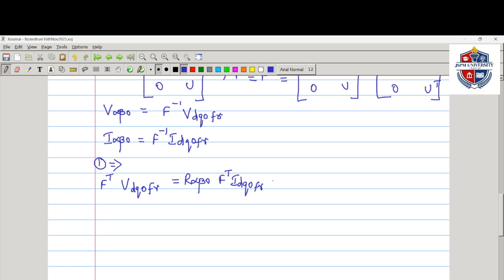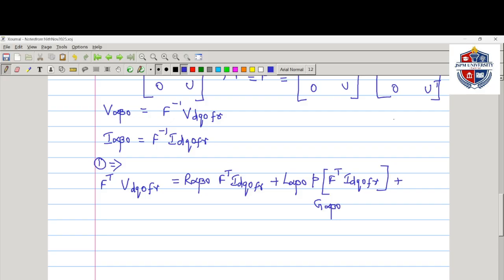FR, plus L alpha beta naught into P of F transpose into I dq naught FR, then plus G alpha beta naught.